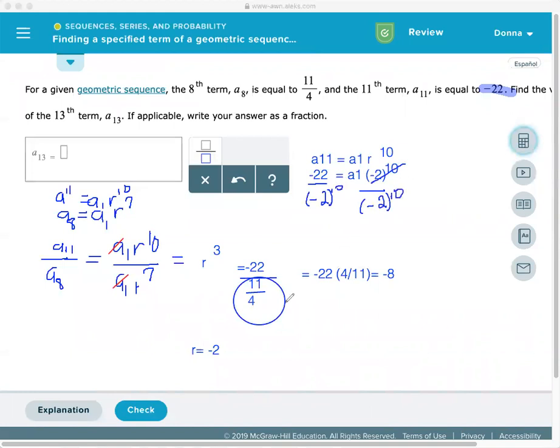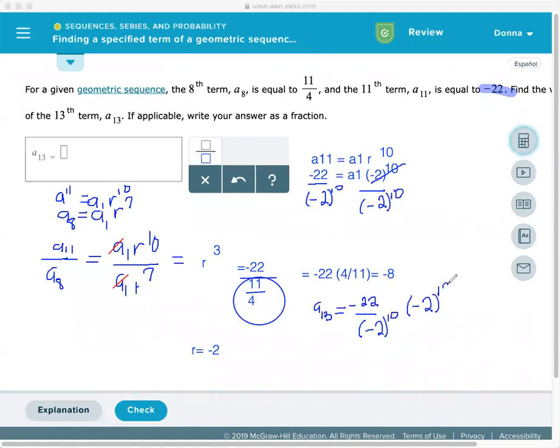Once I know A1 and r, I can find A13. So A13 is going to equal A1, which is negative 22 divided by negative 2 to the 10th, times r, and r was equal to negative 2, to the 12th power.